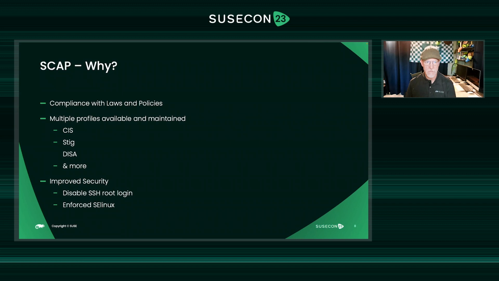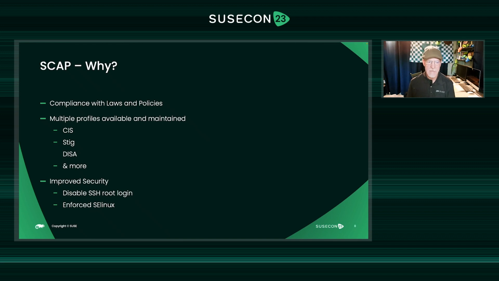So why do we use SCAP? Why would anybody need SCAP, this particular way of doing it? Well, again, it's all about compliance with laws and policies, whether governmental laws or your own company's policies. There are lots of different profiles, and we're going to talk about profiles more. Several policies are part of SCAP, such as CIS, the STIG, DISA, and several others.